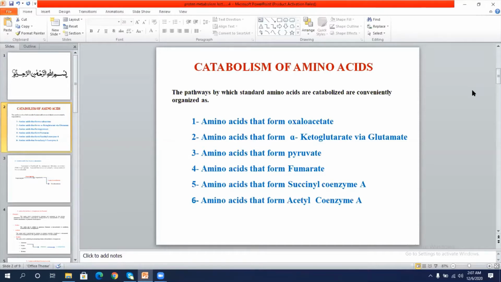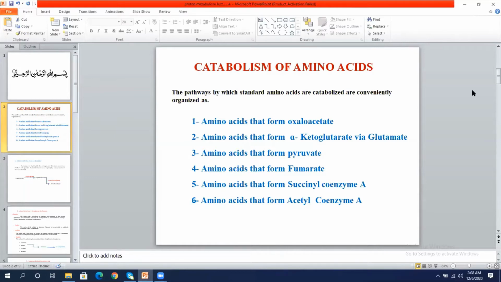In the first way, amino acids form oxaloacetate. In the second way, amino acids form alpha ketoglutarate via glutamate. In the third way, amino acids form pyruvate.